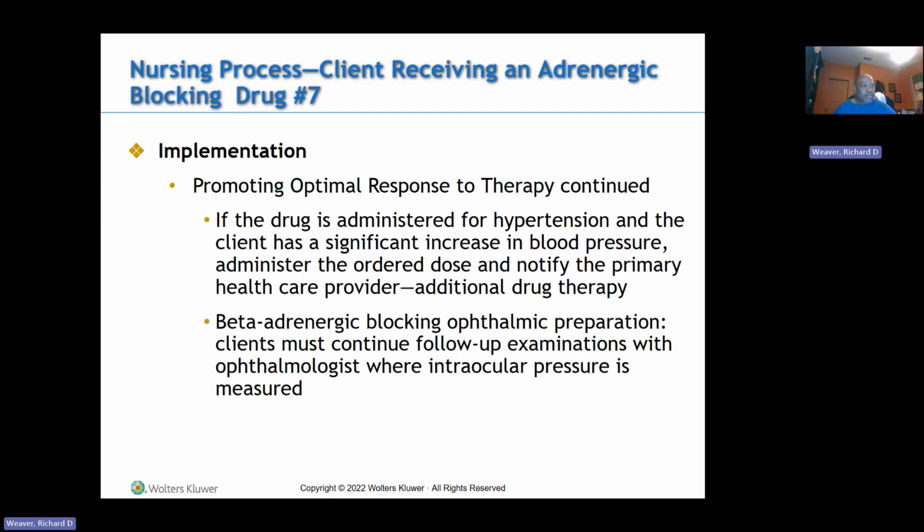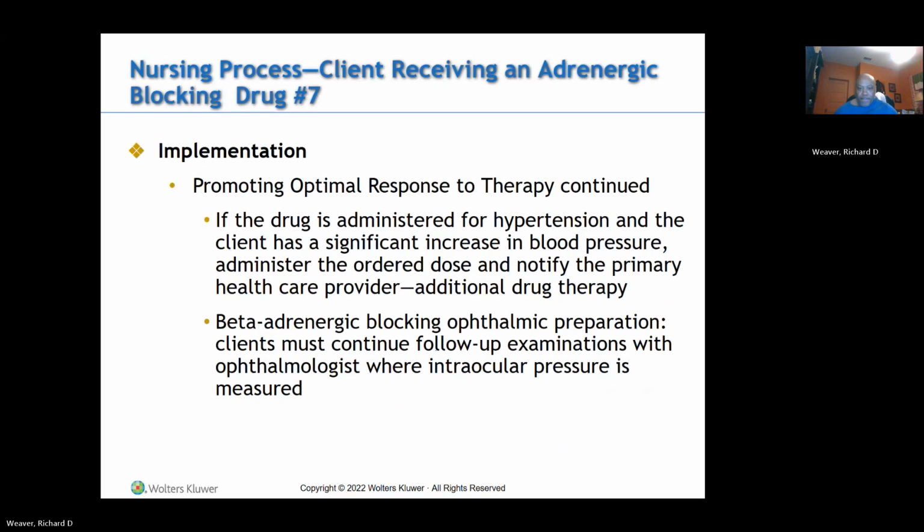Right, so beta adrenergic blocking ophthalmic preparations. If patients are taking this drug for glaucoma, the patient must continue follow-up examinations with the ophthalmologist, where the intraocular pressure can be measured. Remember, that's how they determine if someone has glaucoma.